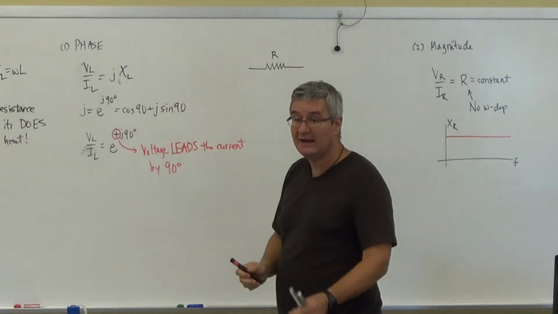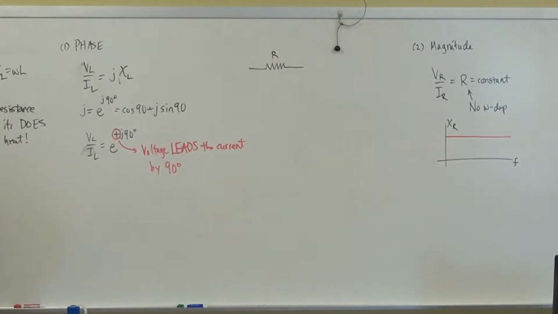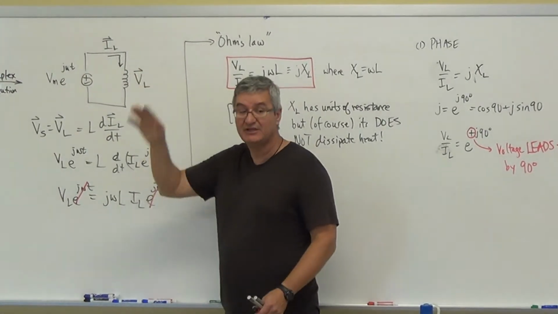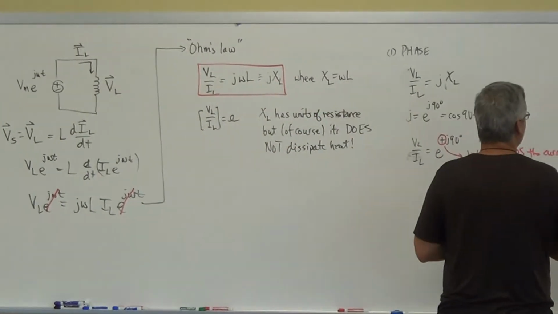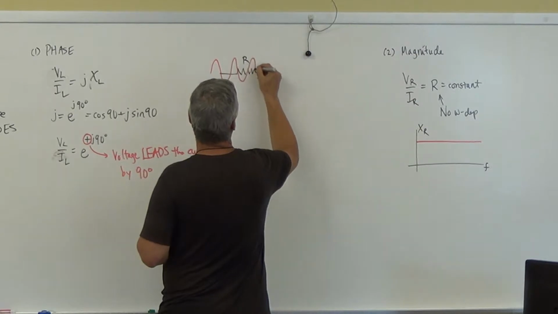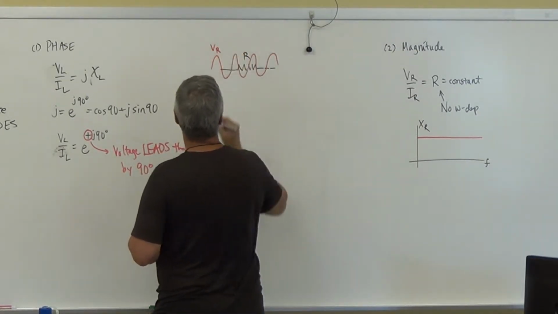So if I have a voltage source across the resistor, we know that the voltage across that must be the same as the source here. So if I'm looking at this, here's my source. As my source is going like this, it looks like this.